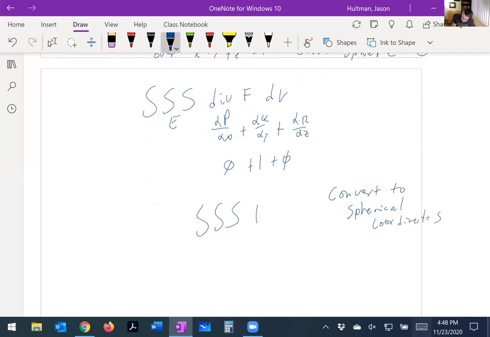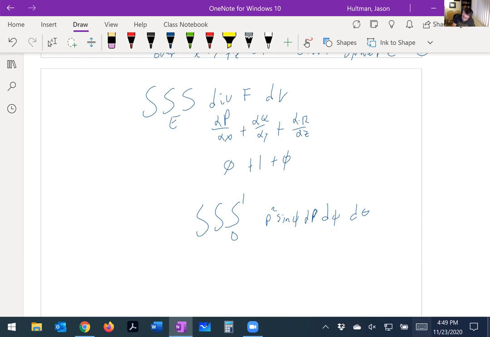So I just need 1 times rho squared sine phi, d rho, d phi, d theta. So what does rho go from? Well, rho goes from 0 to 1. I can get rid of this one. And then phi goes from 0 to pi, and then theta 0 to 2 pi.